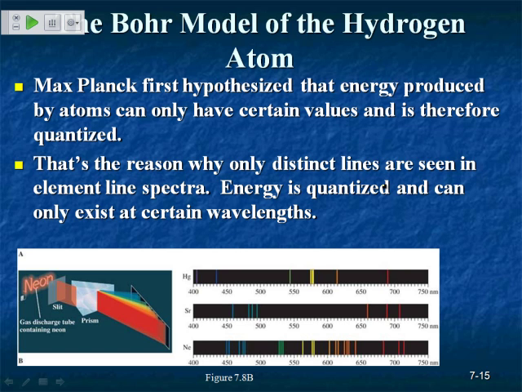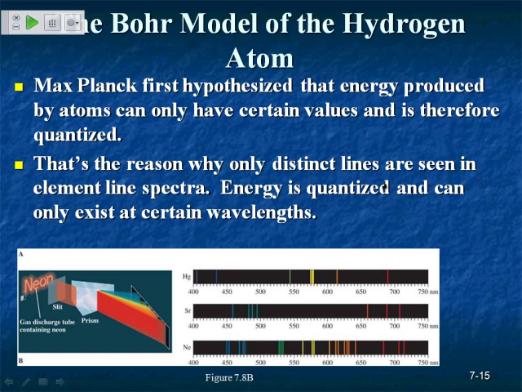I told you, when an element is heated, the electrons can jump to higher areas, away from the nucleus, by absorbing energy, and when they come back to their original positions, they release energy. So Max Planck said that the energy released can have only certain values, meaning each electron produces a specific amount of energy.